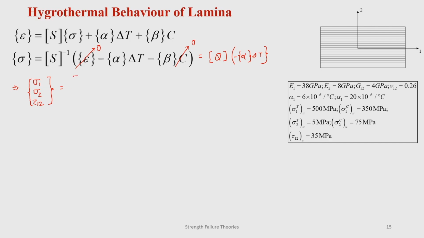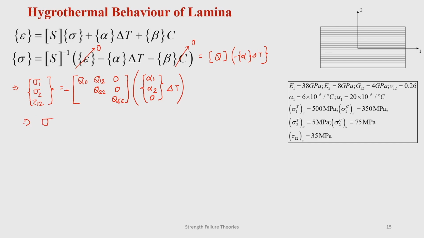Therefore, this is the matrix Q11, Q12, 0, Q12, Q22, 0, 0, 0, Q66, into alpha 1, alpha 2, 0, delta T, with a minus sign.